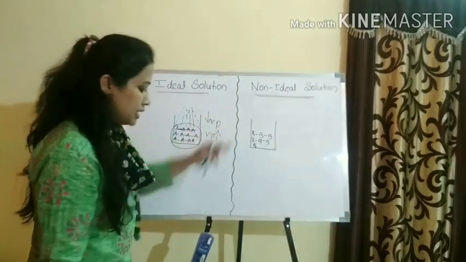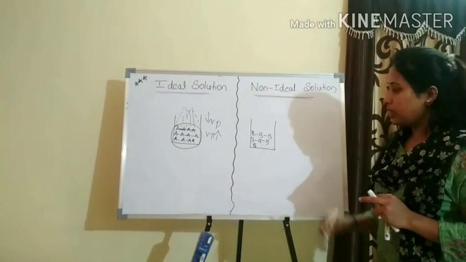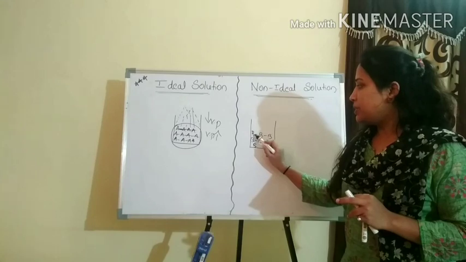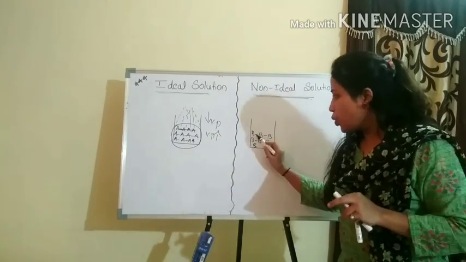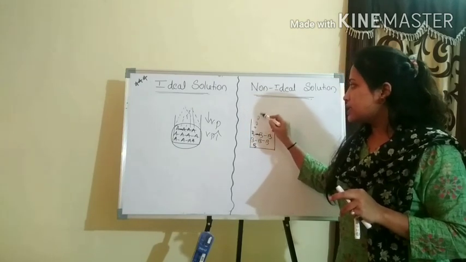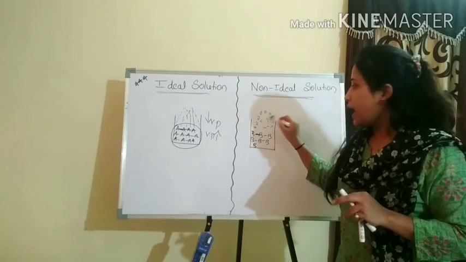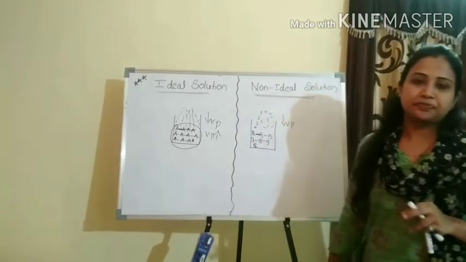The same concept applies here. When the interaction between the BB particles of the same solvent is more, which means strongly held, obviously fewer B particles will reach the vapor state and the vapor pressure will also be less.